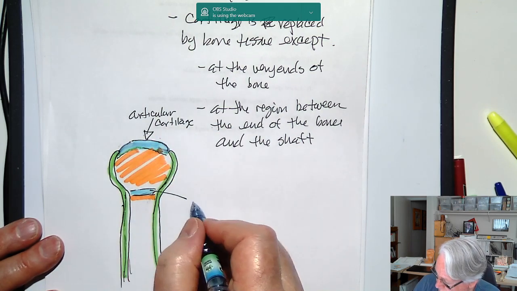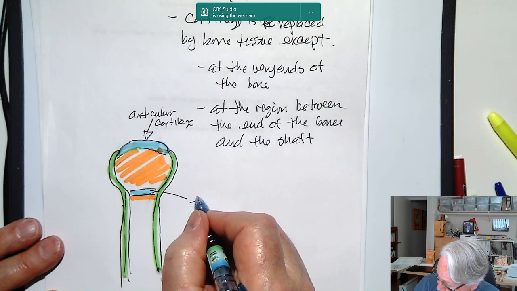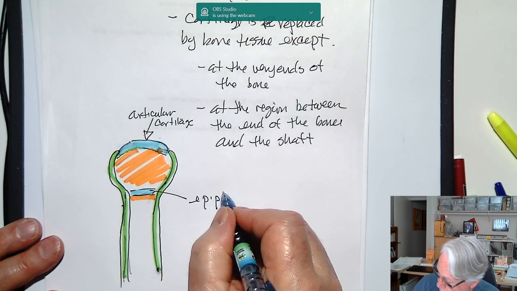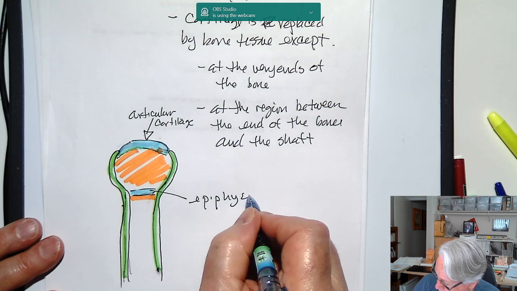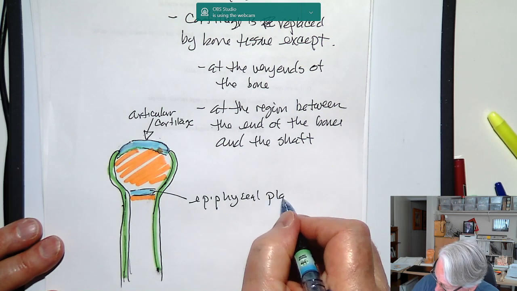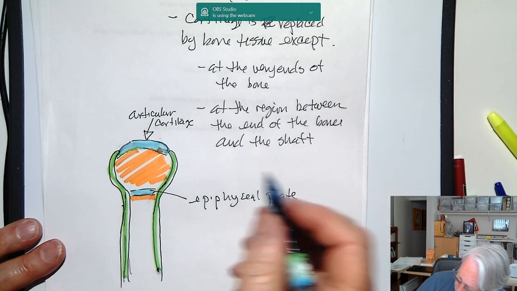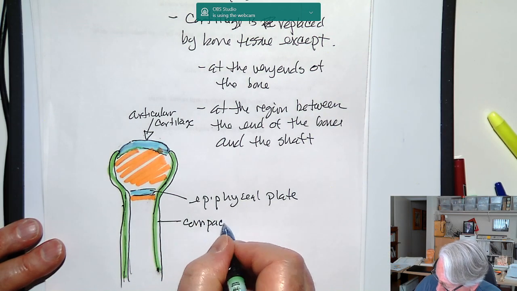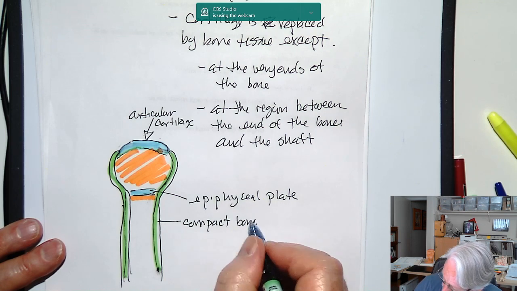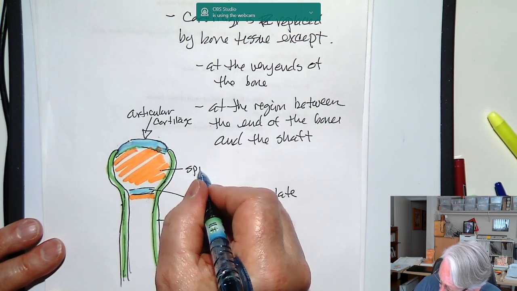And that is going to be our epiphyseal plate. And this is going to be compact bone. And that's going to be spongy bone.